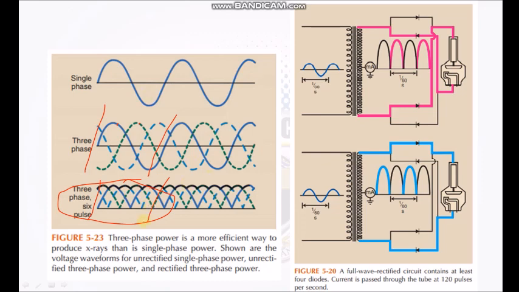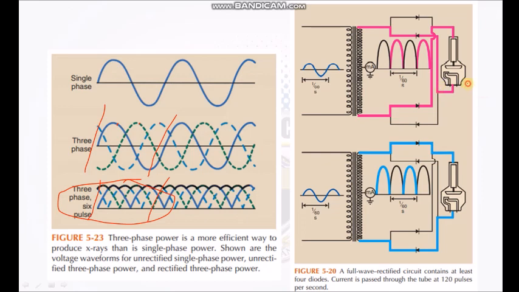Okay, so in this illustration, this is a full wave rectified circuit, containing at least 4 diodes. This is the basic illustration of voltage rectification inside of the X-ray tube, in which electrons are only allowed to flow from the cathode towards the anode.